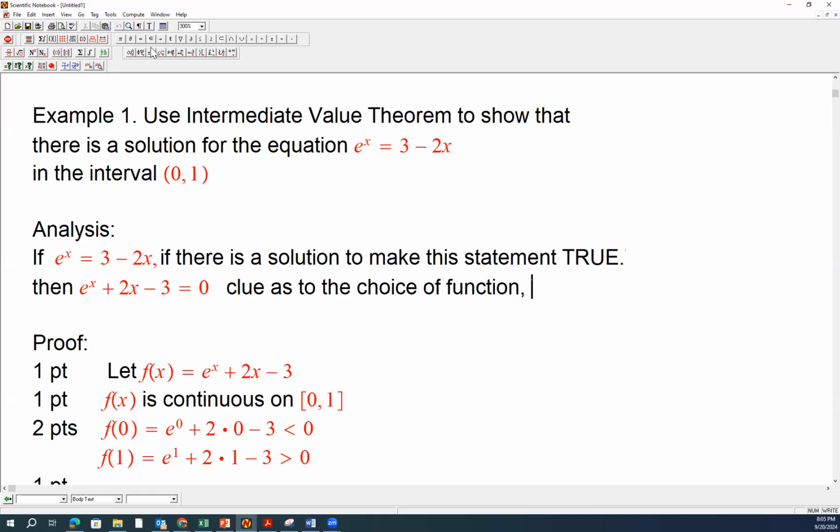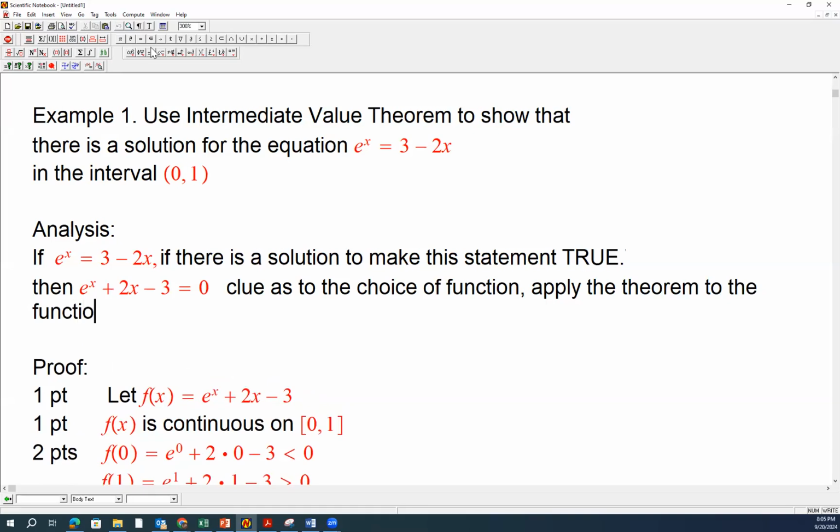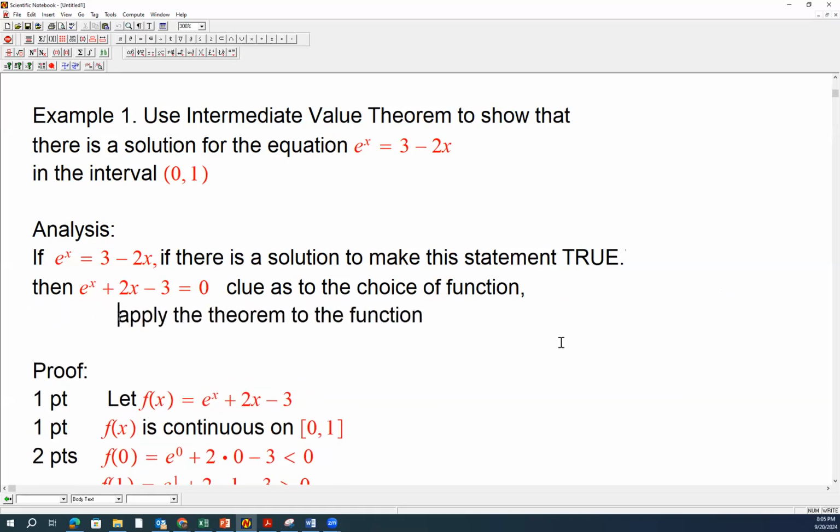Once we have made the choice of function, we apply the theorem to the function. Let's look at the theorem one more time.